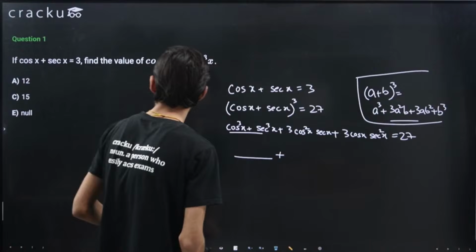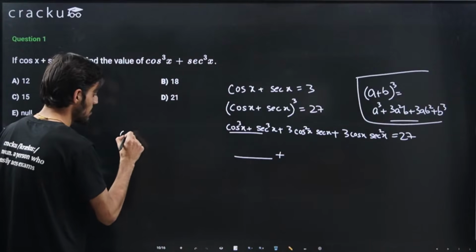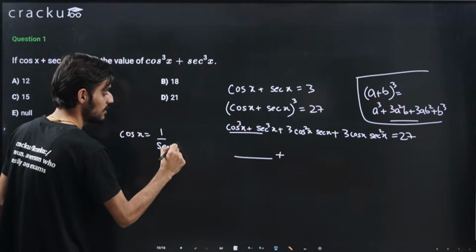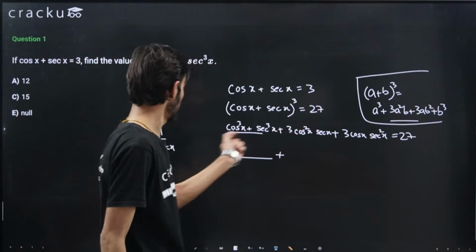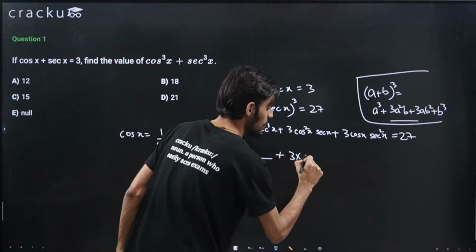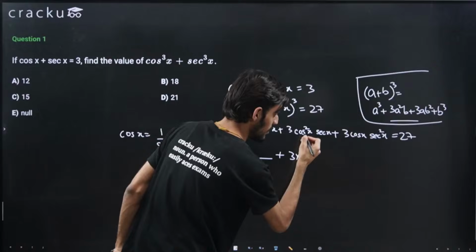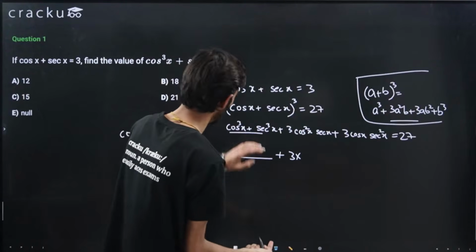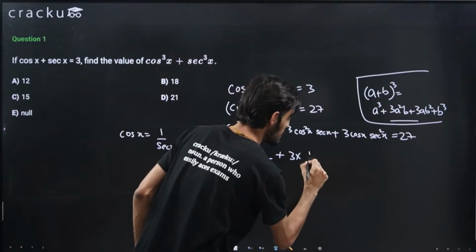Okay, and also one more thing, like I told you, we know that cos x is equal to 1 by sec x, right? So in place of cos x, I can write 1 by sec x.